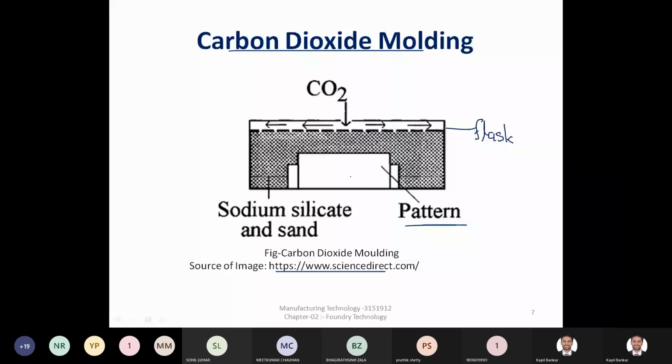Now what you have to do is apply the CO2 gas from the upper layer. Throughout this mold, CO2 gas will pass. As you know, this sand is mixed with sodium silicate. Once the CO2 gas reacts with sodium silicate, it will create a very hard form, or hard gel. So this soft mold will become very hard.